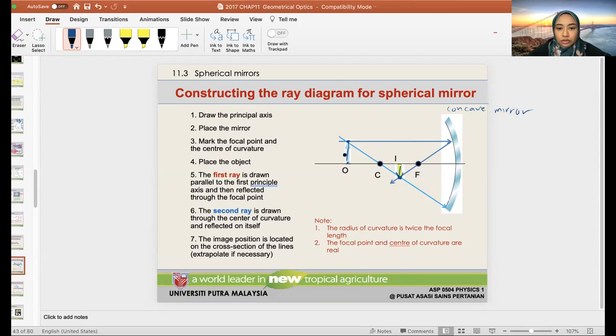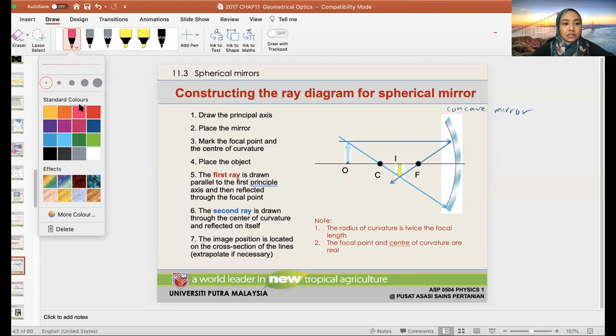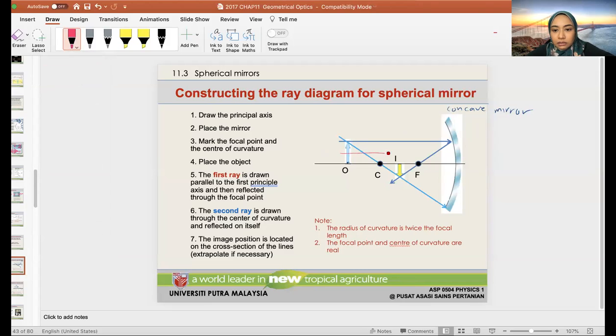So if I want to draw the center part of my image, I just want to make sure I'm doing this right. So we can do that. If I am finding out the center point of my image, so this is my center point. Straight line until it hits a boundary, goes into the focal point. Okay, good. That is ray 1.